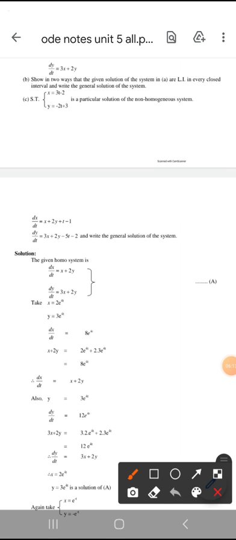Now the B part. Show in two ways that the given solutions of the system in A are linearly independent in every closed interval, and write the general solution of the system.